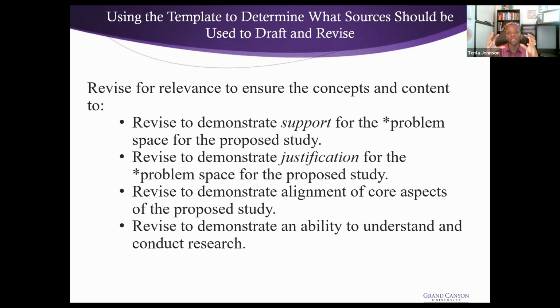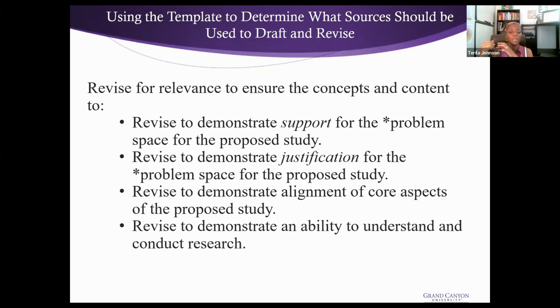Then taking it in a 2nd step, okay, you got support, but it actually needs to be justified. And there are some very distinct ways to be able to do that. So the difference between supporting something and justifying something: you can support it, but justifying actually demonstrates that this needs to be done, right? And pulling that prior literature in that problem space to be able to do that.